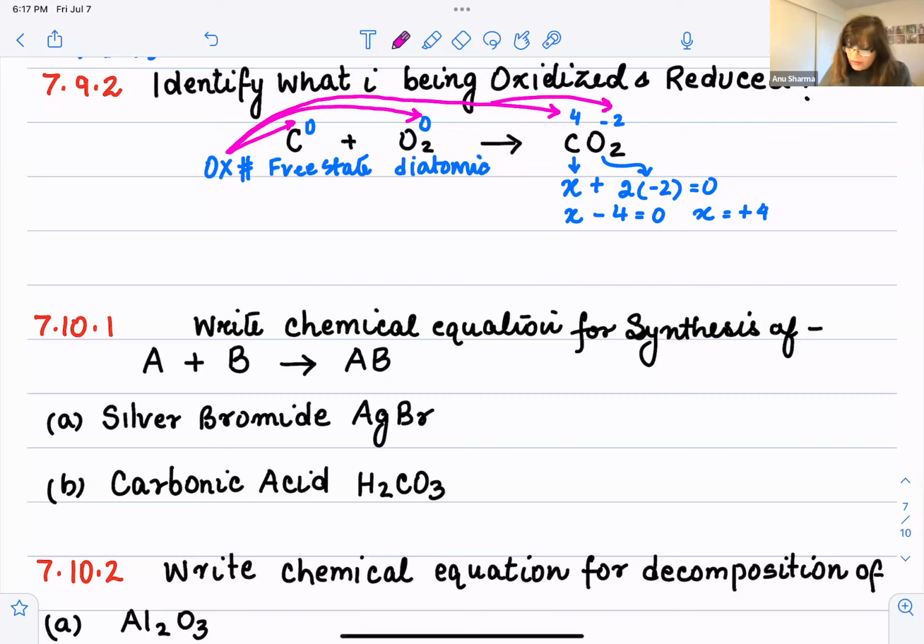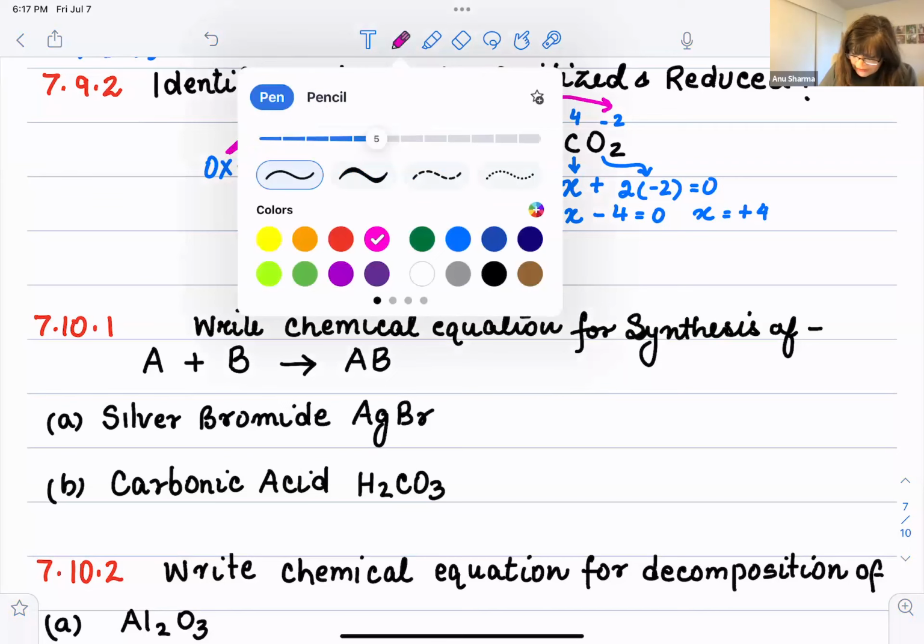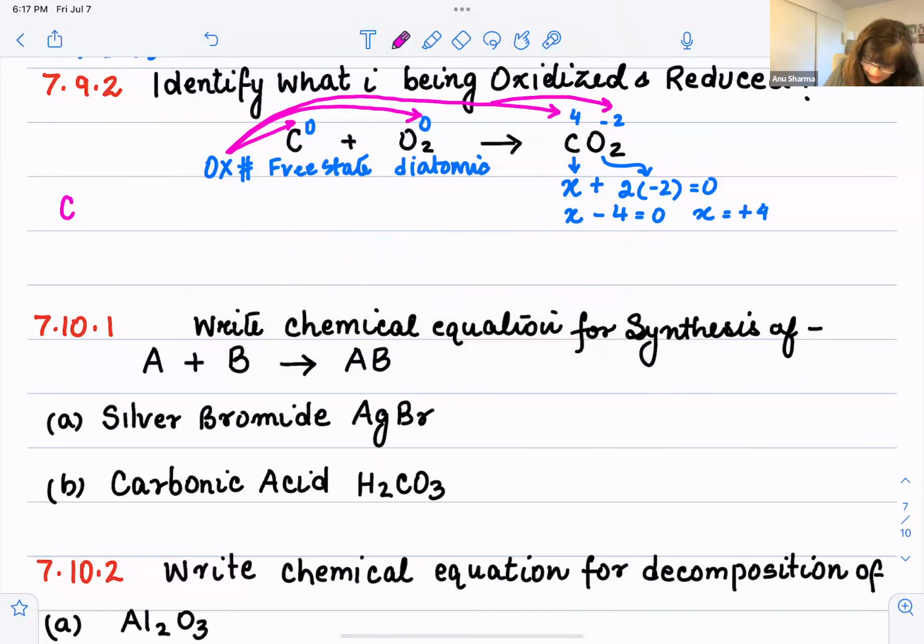All right, now put them on one side and see. Carbon has gone from 0 oxidation state to positive 4, right? And O2 has moved from 0 to -2, as both of the oxygens have got the -2 charge.